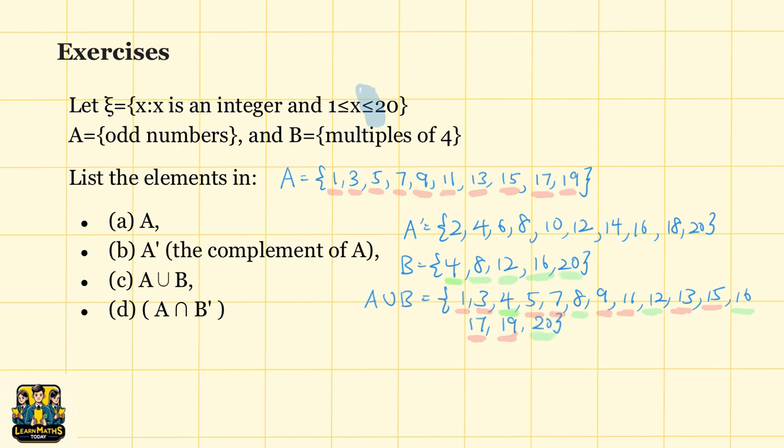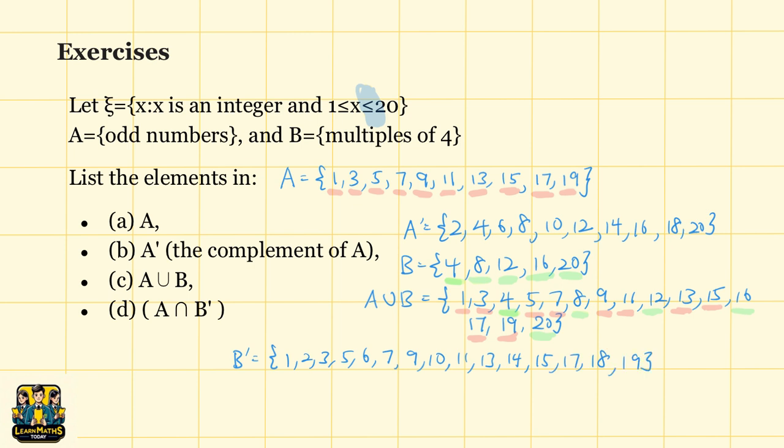The last one, how do we find the intersection of set A with the complement of B? Let's just write down the complement of B. The complement of B is 1, 2, 3, 5, 6, 7, 9, 10, 11, 13, 14, 15, 17, 18, 19.